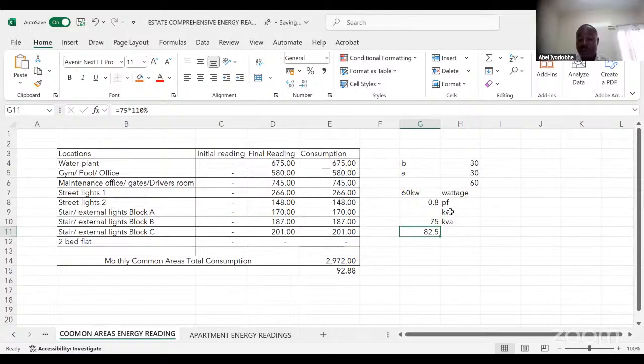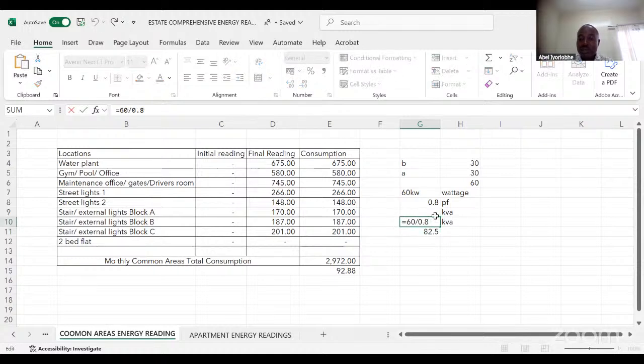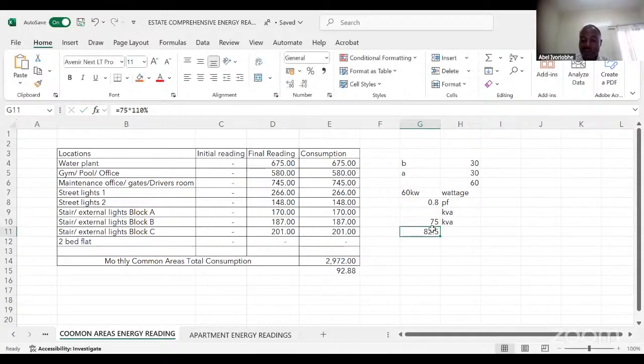You heard of kVA, right? So there's a factor that is accepted generally in the world. That's 0.8. That's the power factor. If you want to determine the size of the generator that can power this 60 kilowatt load, it will be 60 over 0.8. It will give you 75 kVA, right?